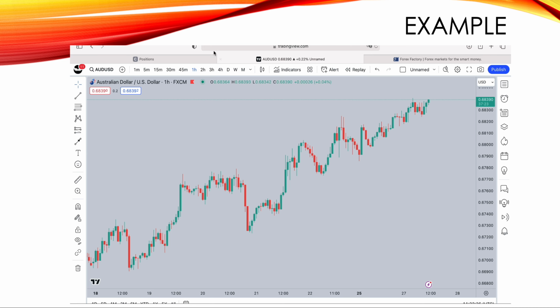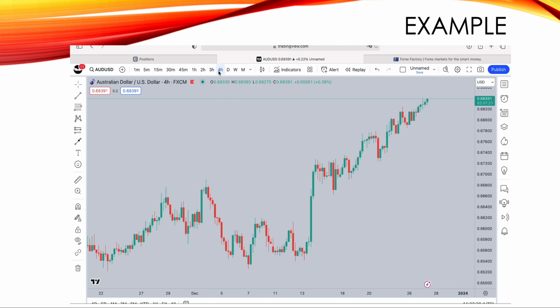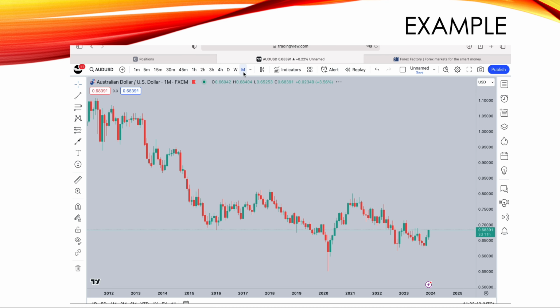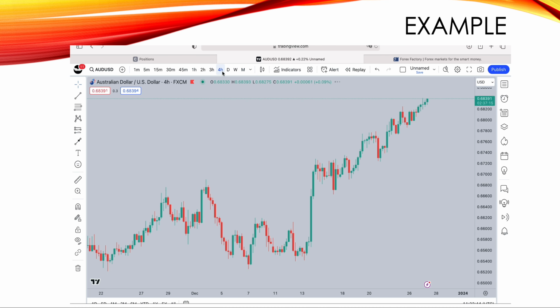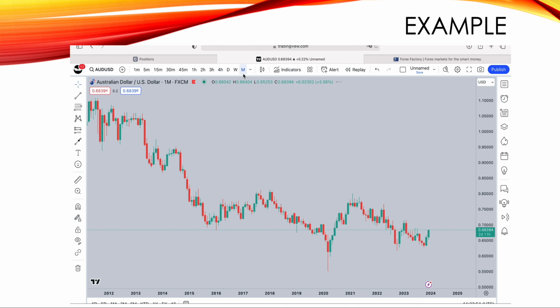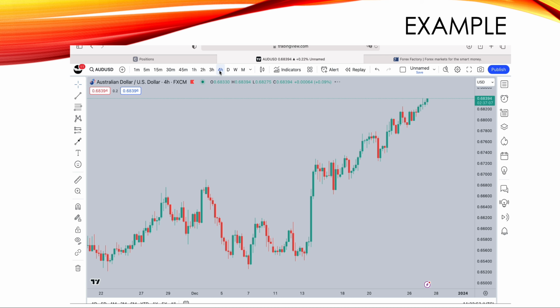Okay, this would be the exact same if you're on the 4-hour time frame. Okay, remember, this is all the same information. This information by here is the same information as the 4-hour, but obviously on the 4-hour, you're going to get a lot more data, right? But let's keep it focused. Sorry to distract you guys.